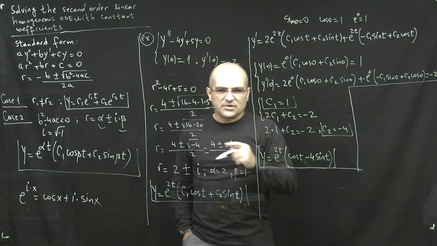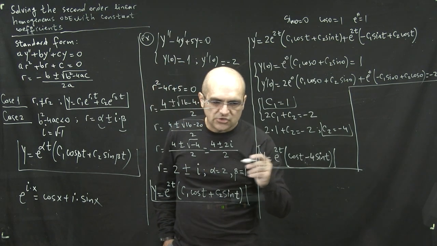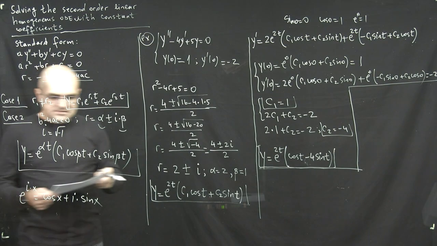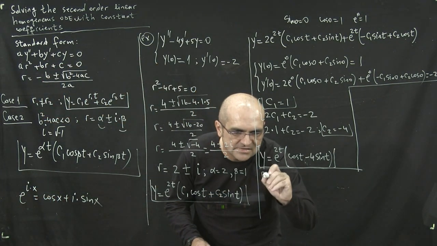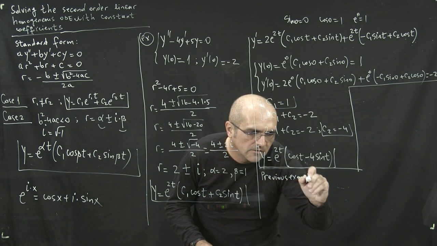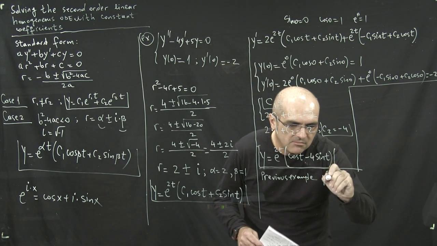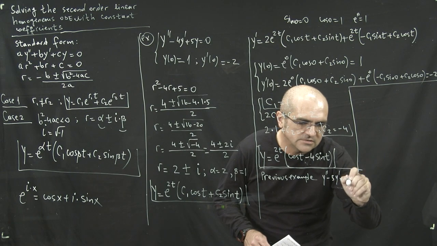So remember, the previous example was y double prime minus 5y prime plus 4y equals 0.